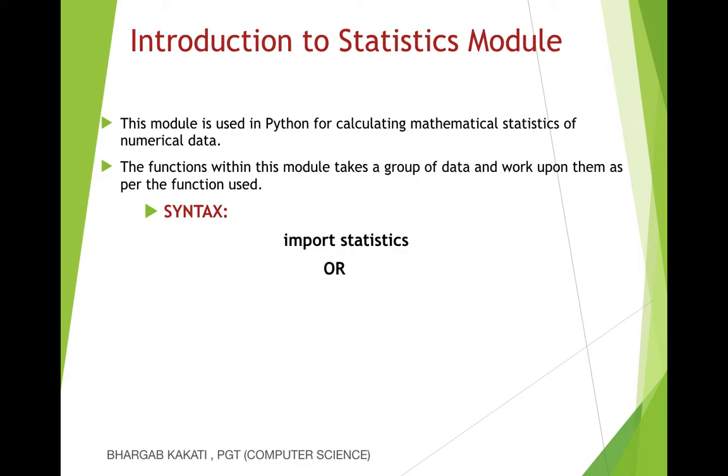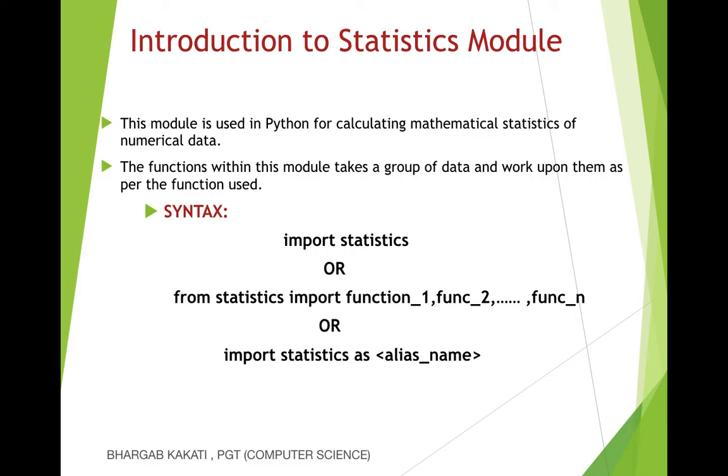But if you want only some selected functions from the statistics module, then you can use this syntax, like from statistics import, and after that you need to give the names of the functions separated by commas. Or if you want to give a new name to the word statistics, then you can use the as keyword, like import statistics as alias name.